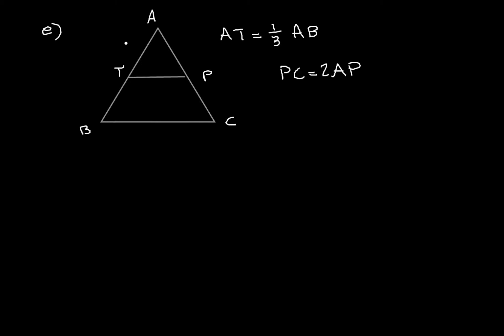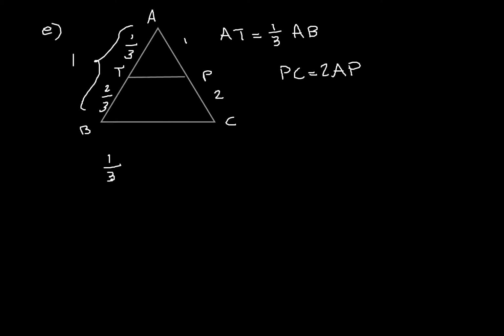So I made this one 1/3 of 1, called this 1. And so this one would be 2/3, right? And PC is 2 AP. So I made this one 1, and this is 2 times it. So I kind of made up my own numbers based on the ratios, and then I set them equal.